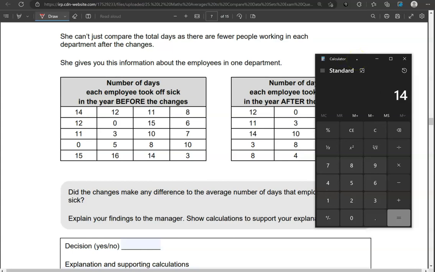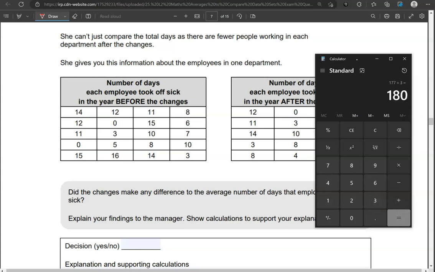So we've got 14, add 12, add 11, add 8, add 12, add 15, add 6, add 11, add 3, add 10, add 7, add 5, add 8, add 10, add 15, add 16, add 14, add 3.